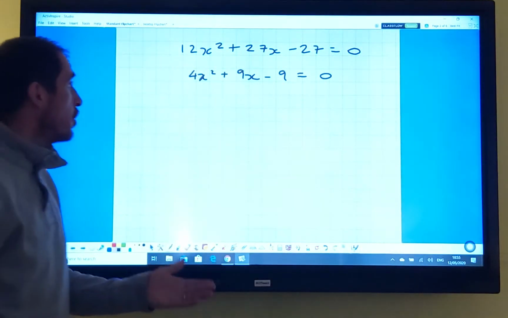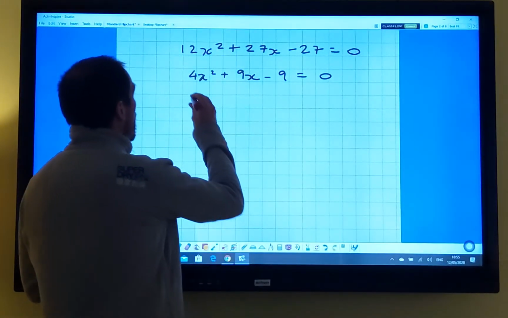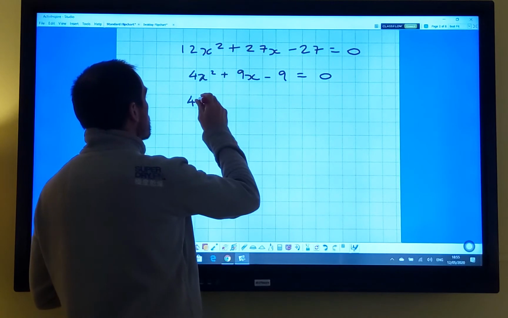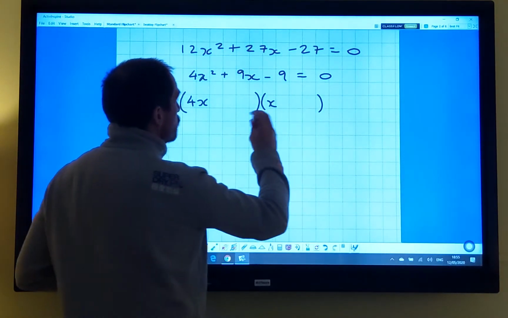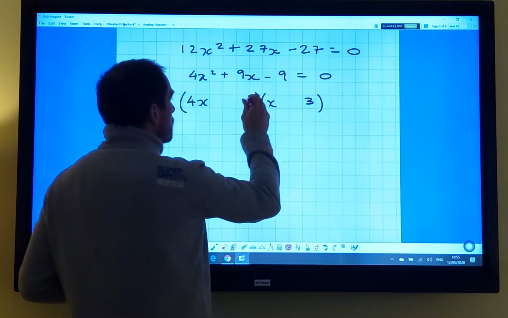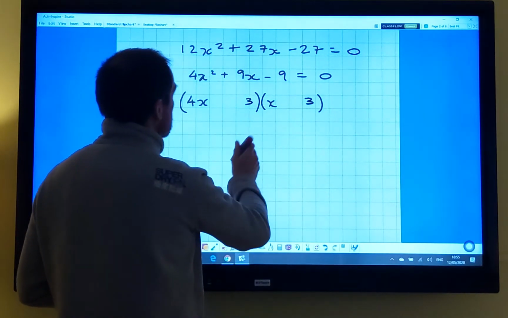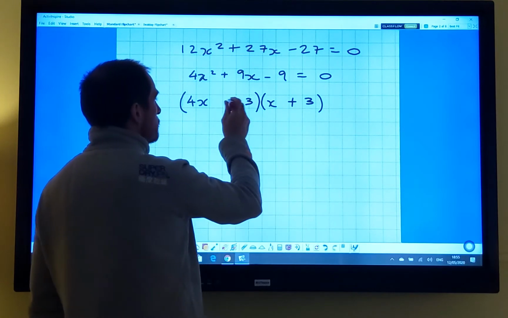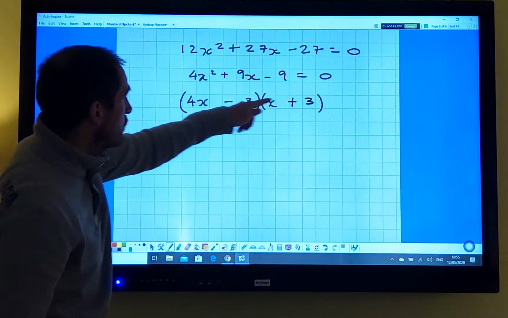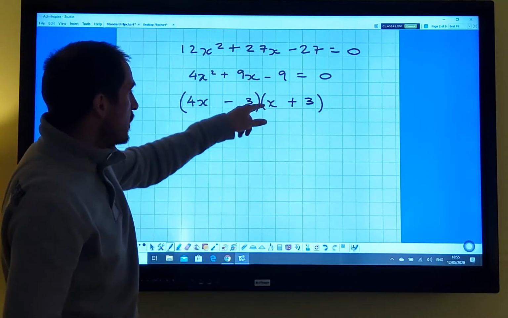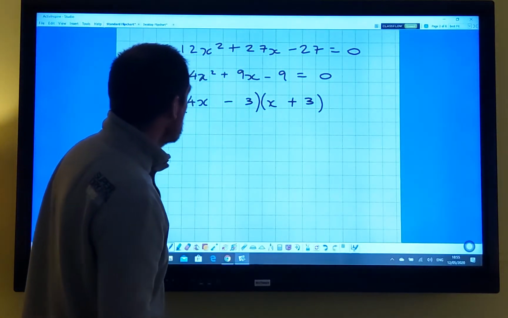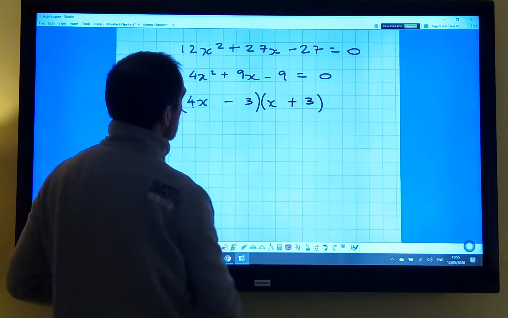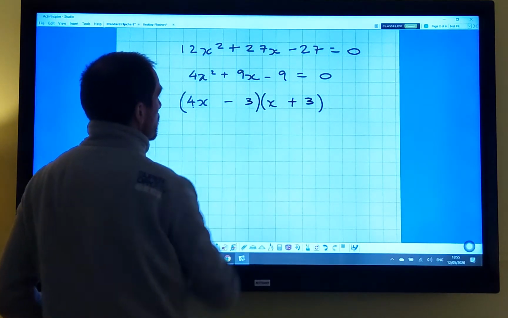You can use the minus b formula, or you can play around. I'll try 4x times x, and 3 times 3, which will give me 3x and 12x. I want the 12x to be positive, minus 3x. So 4x times 3 is 12x, minus 3 times x is minus 3x, and 12x minus 3x is 9x. 4x times x is 4x squared, and minus 3 times 3 is minus 9.